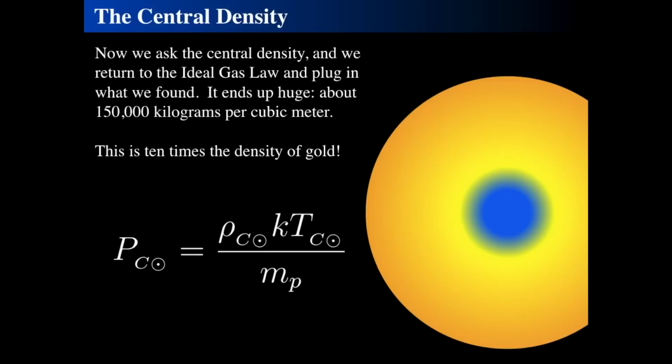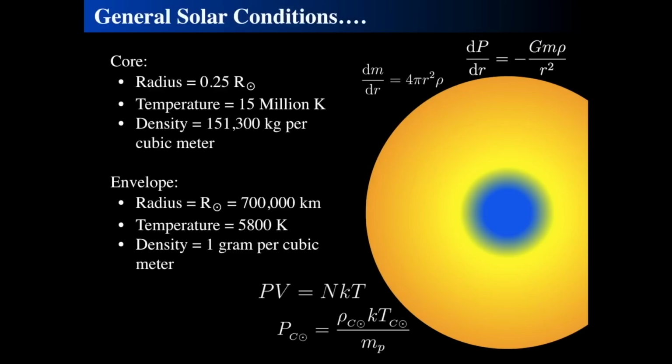We can use these basic arguments to argue what the central density and central temperature must be. And this was done well before the invention of computers and computing algorithms that would compute the central density and so forth. So the core conditions are, well, the core is about a quarter of the entire radius of the sun.